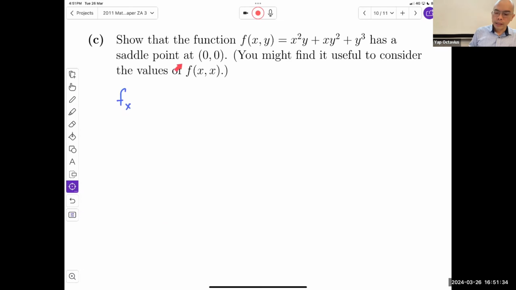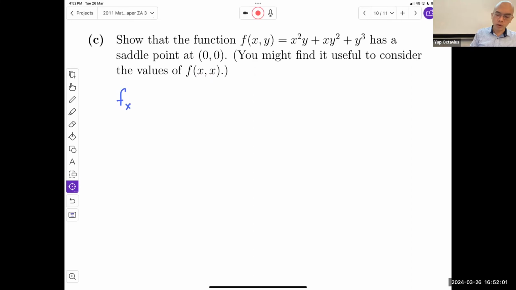Now, this type of question doesn't usually come out in your exam. This type of question usually comes out for Maths 2. When they ask you to do something like this, it is to consider directions. Here f(x, x) is to consider all the xy pairs where y equals x.